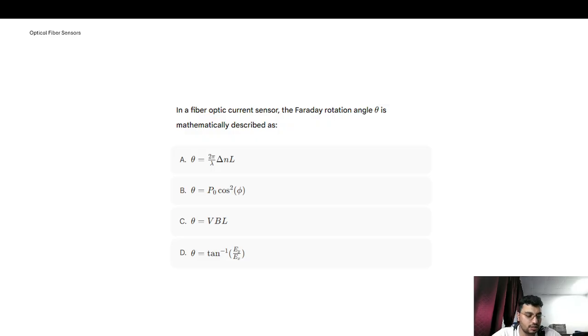The next question is, in a fiber optic current sensor, the Faraday rotation angle theta is mathematically described as. Which one is the correct answer here?